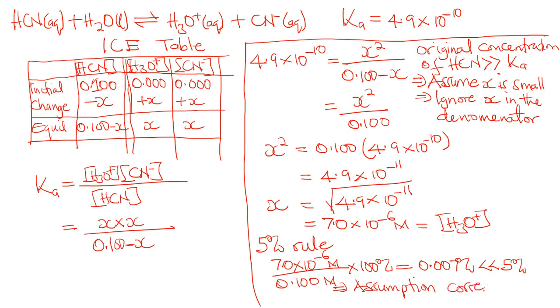So remember that we assumed that X is small, and based on the 5% rule, our assumption was correct, and therefore the approximation is valid.